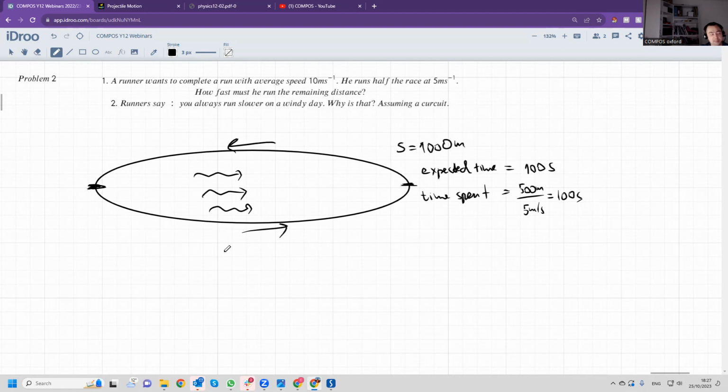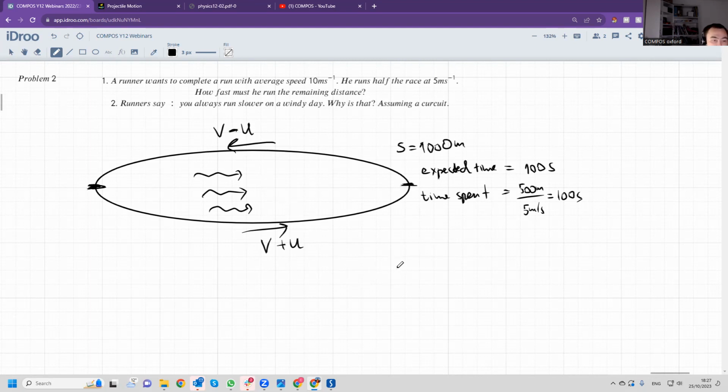Imagine you're running in this direction with a speed v is your own speed, plus u is the speed at which the wind helps you. And this is your speed minus the speed that you lose because of the wind. So for example, let's say the wind adds or subtracts.